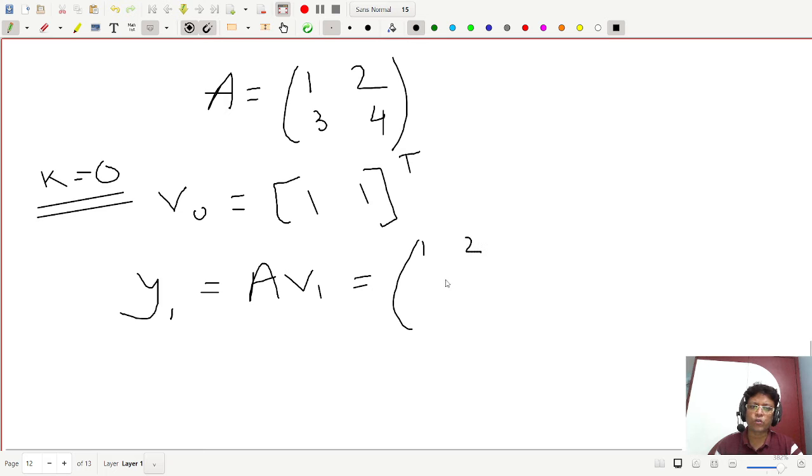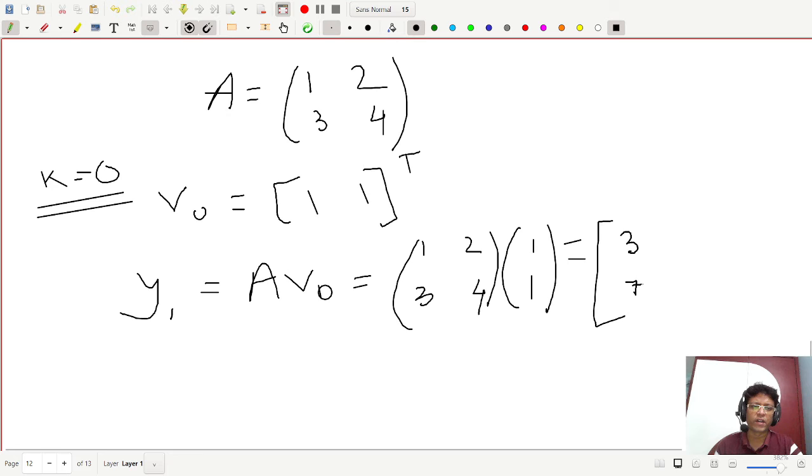So A is 1, 2, 3, 4, and v0 is 1, 1. If you do this, you have 3, 7. Quickly you can check, this is 3, 7. And so the largest magnitude, m1, is 7.